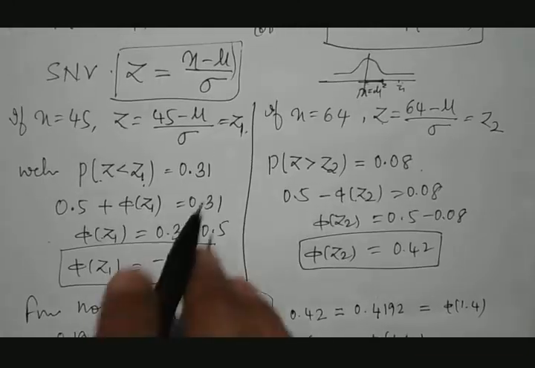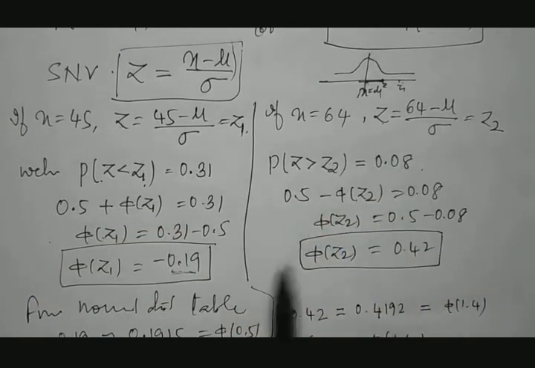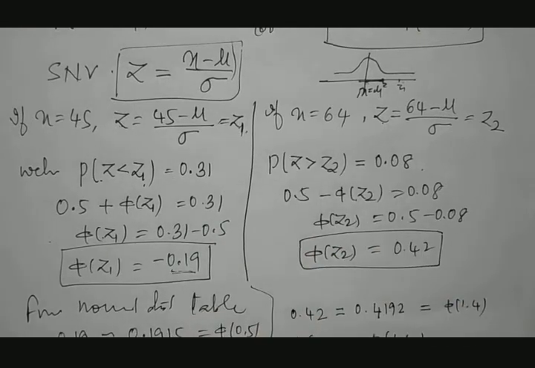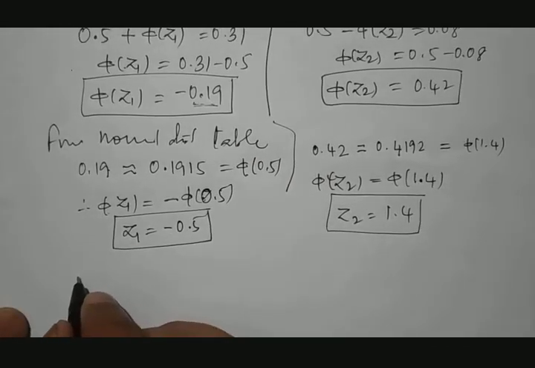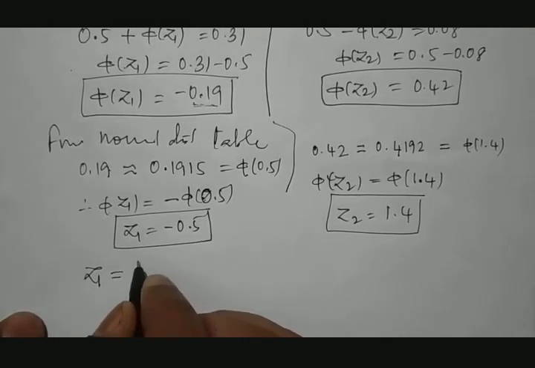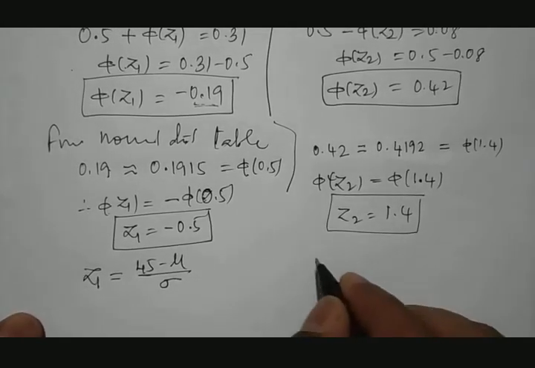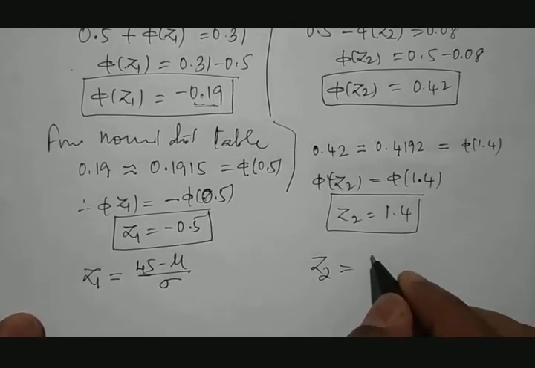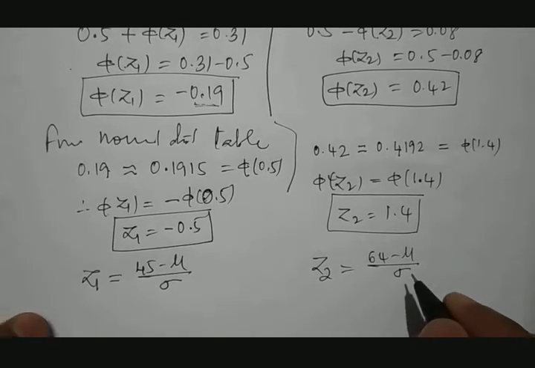But we know that Z1 is equal to this, Z2 is equal to this. So substitute these values of Z1 and Z2 here. Then we will be getting, I'll write it once again, Z1 is nothing but 45 minus mu divided by sigma, and Z2 is equal to 64 minus mu divided by sigma.